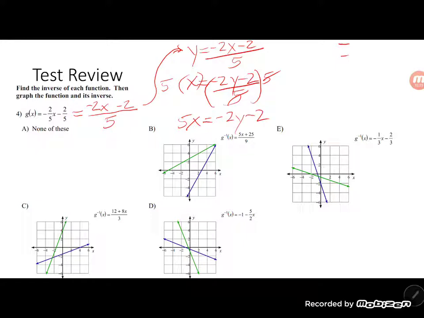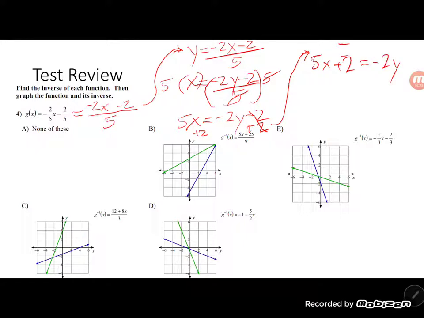And now we can go ahead and get rid of that 2. So we can add 2 on both sides. That's going to get rid of that 2. And those don't add together. That's just going to be 5x plus 2, which is equal to negative 2y.